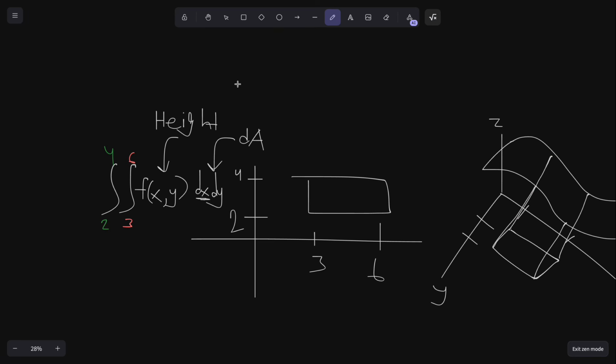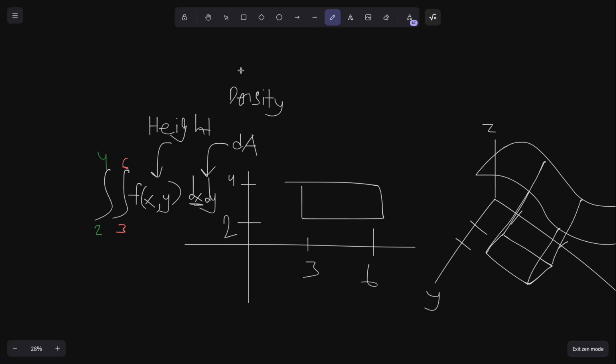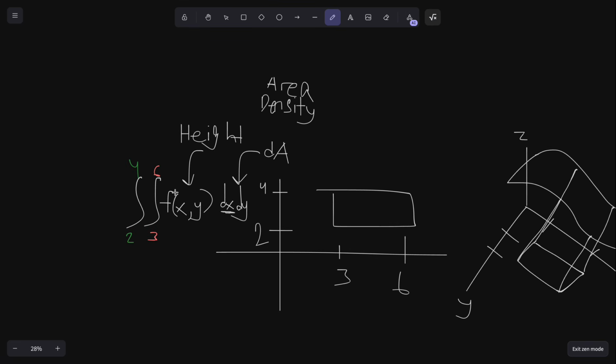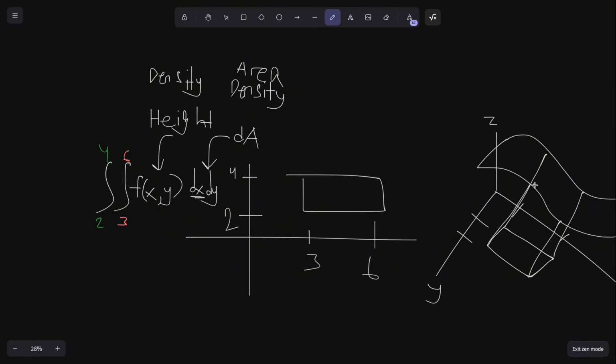Another interpretation you might have heard of is, let's say that dA represents some kind of area density. And instead of f of x comma y representing the height of a specific function, let's say that represents a density function. So every point on the surface represents a specific density at that location.